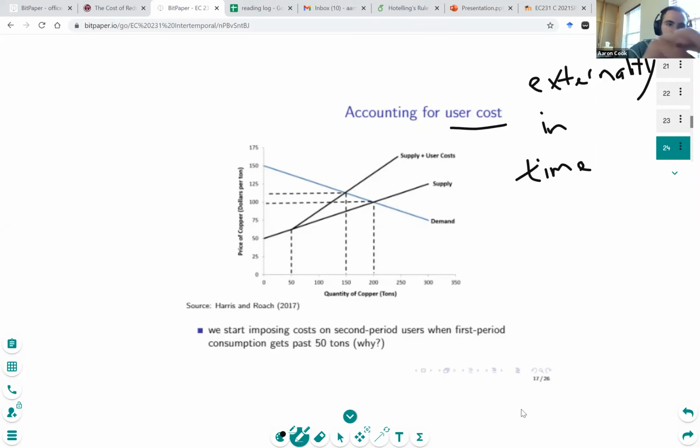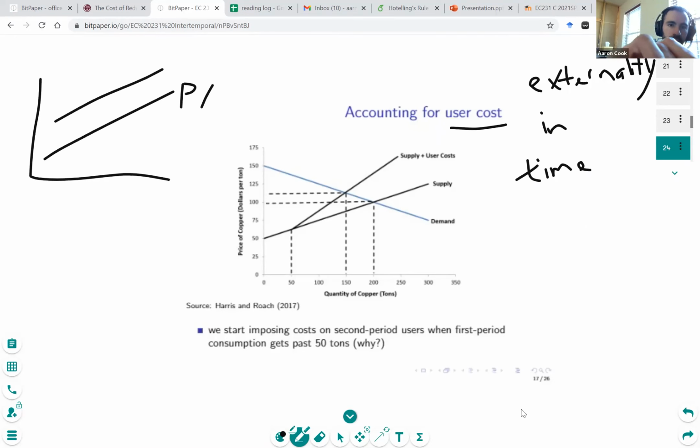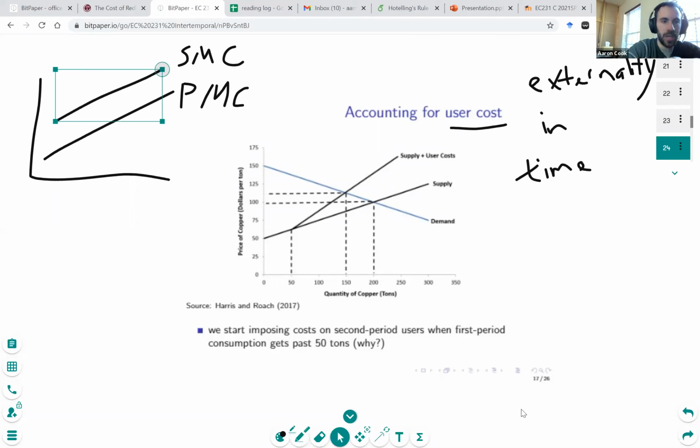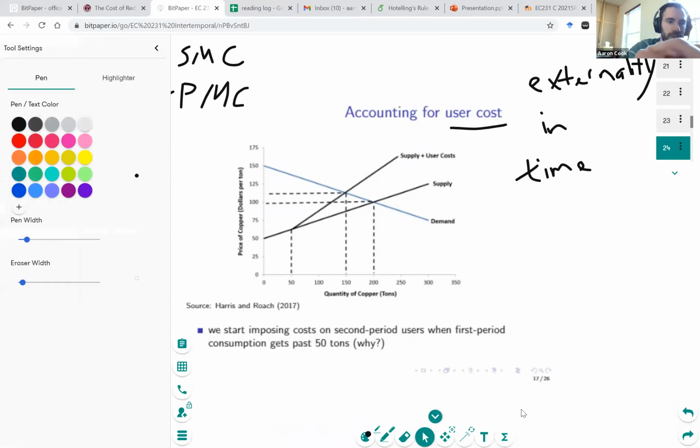So just as, if we remember from our pollution example, we had our private marginal costs of producing something. We had our social marginal costs, which maybe could be represented by a parallel shift. Maybe in some cases they could be represented by a rotation.